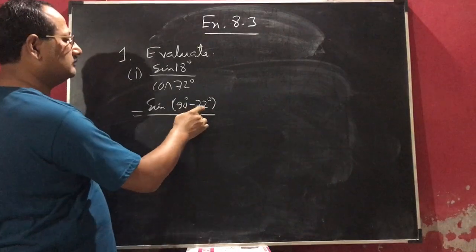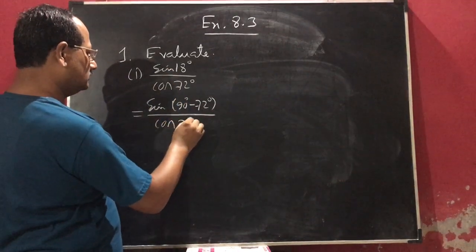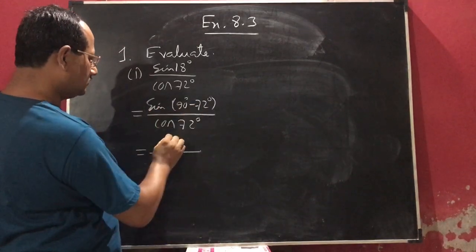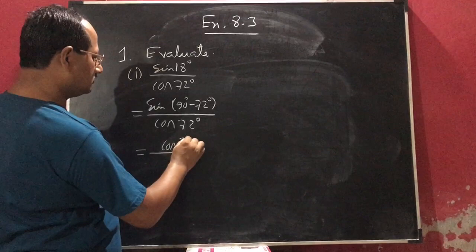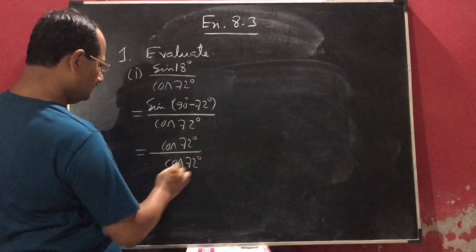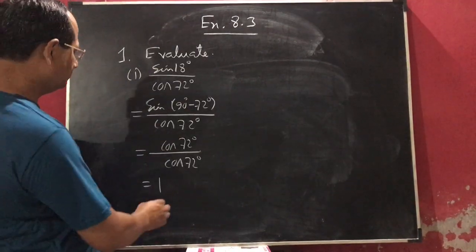So sin of 90 minus theta equals cos theta, which gives cos 72 degrees. So cos 72 divided by cos 72 is equal to 1. This is the answer.